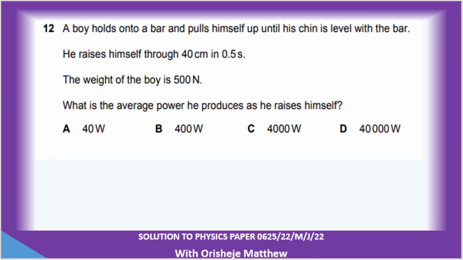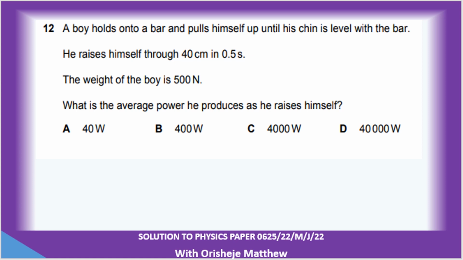A boy holds onto a bar and pulls himself up until his chin is level with the bar. He raises himself through 40 cm in 0.5 seconds. So the weight of the boy is 500 Newton.